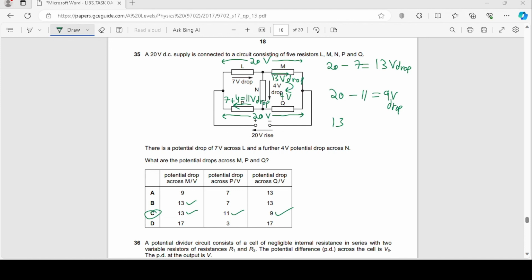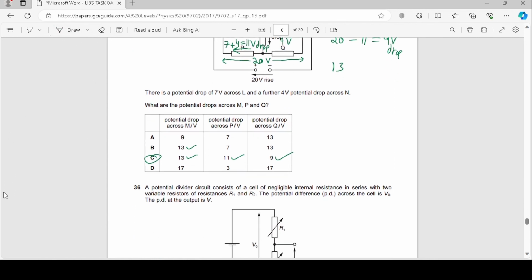I guess it has something to do with the arrows maybe, because this is a dividing point. Is it going like that or what? So then you would have 13 minus 9 minus 4. That's going to give you 0, I suppose. But the point nevertheless is that the answer is 9 volts. And again, you guys are free to correct me in the comments.